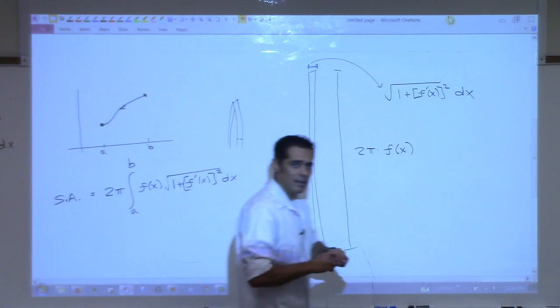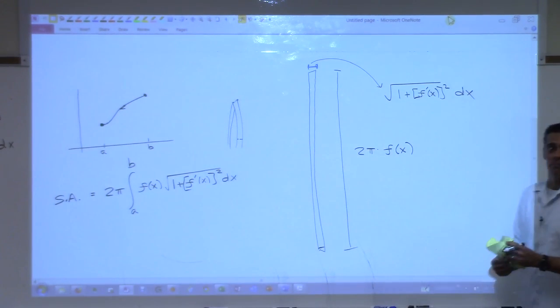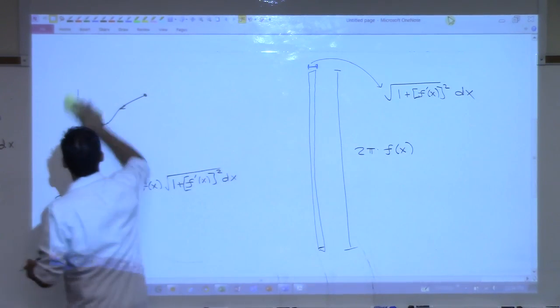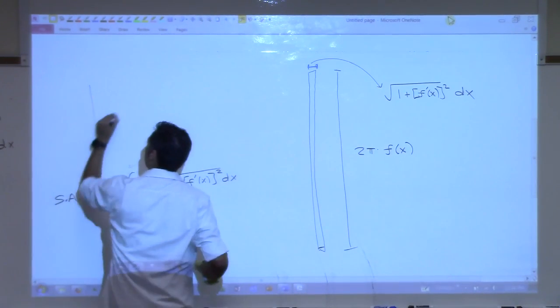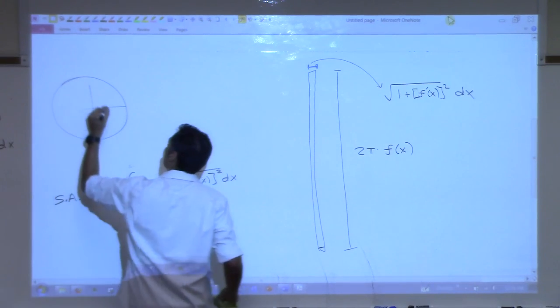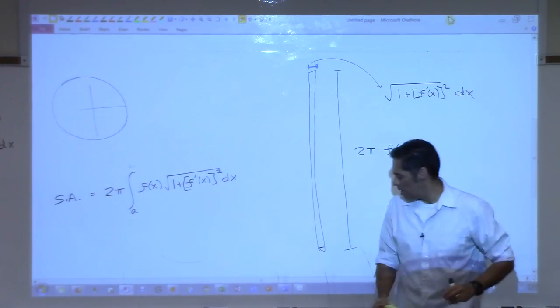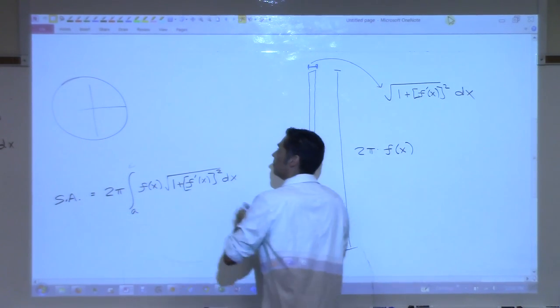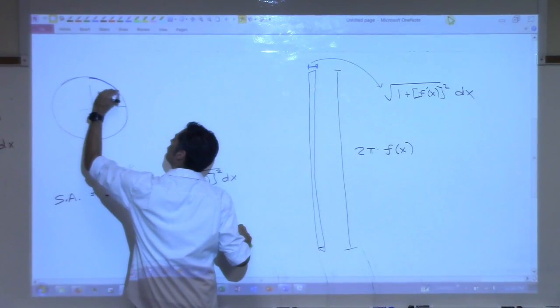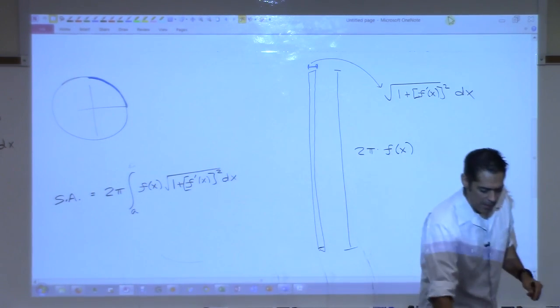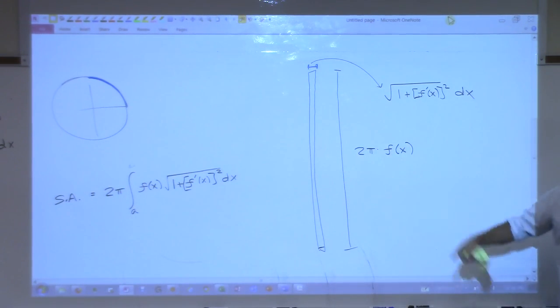So what I'd like to end class with in the last 4 minutes is I'd like to go to this again. And what I want is to imagine taking just this right here, and taking that little piece and wrapping it around the x-axis to find the surface area.